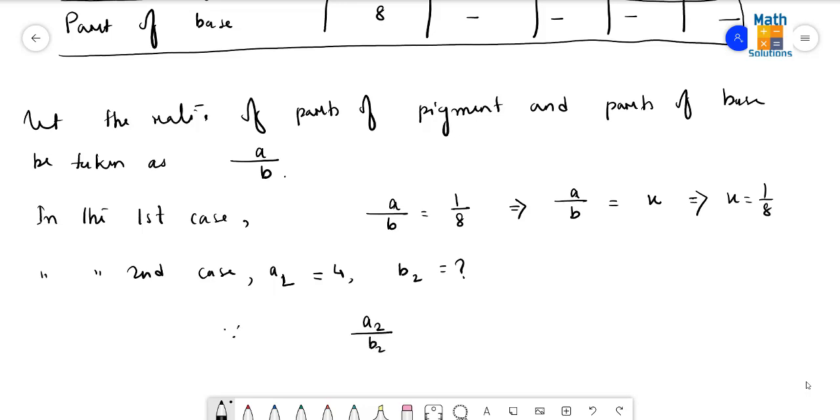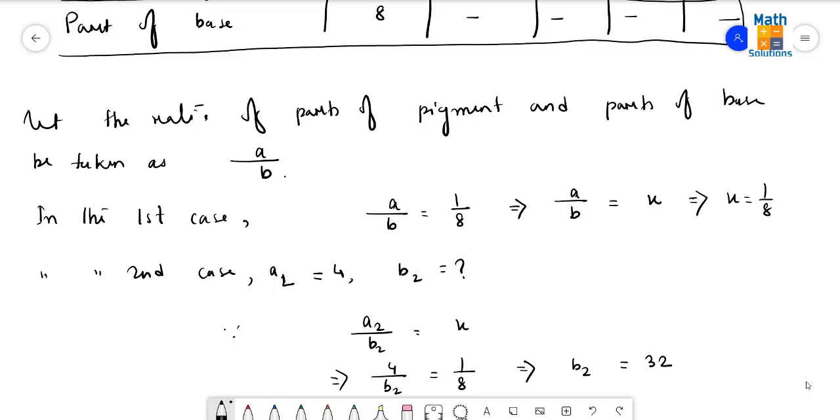A2 by B2 should also be equal to K, because it has to be equal to A1 by B1. So A2 is 4, B2 is not there, K is 1 by 8. On simplification, we shall be getting B2 as the result 32.